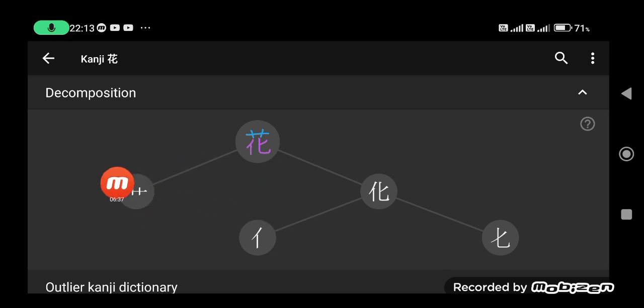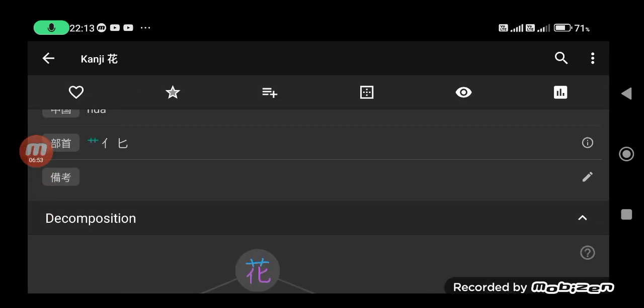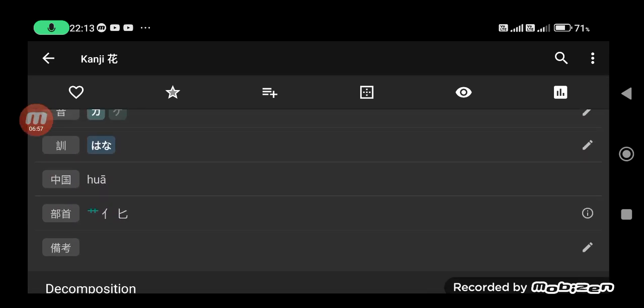So actually the essential part here is this grass or hemp plant radical or component, the determining radical. Did I tell you before that in the bushu or radical section, the one written in green font is the radical most closely related to the original meaning?